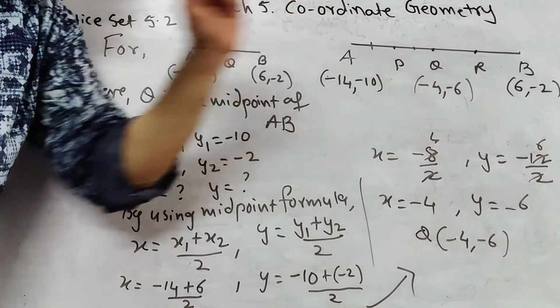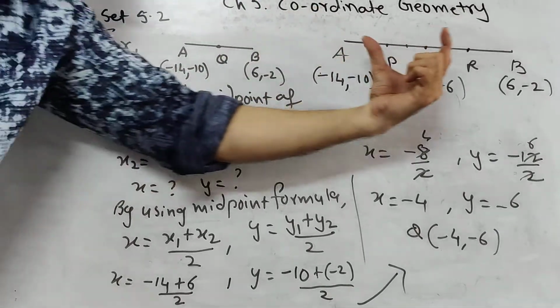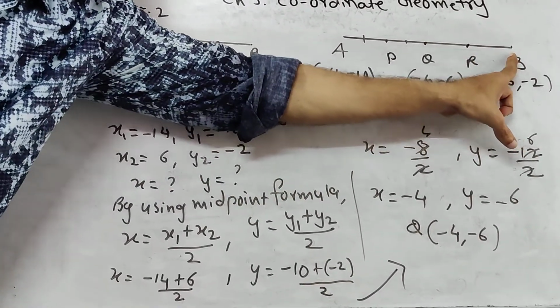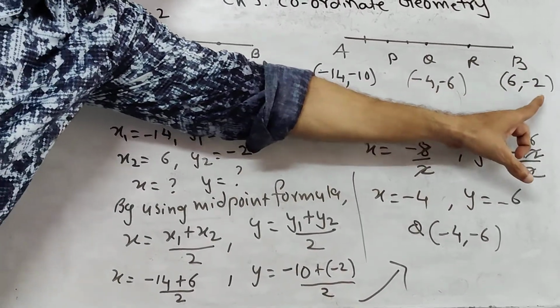You will get the P coordinate. In the third part we take Q', R', B. This will be x1, y1, x2, y2.